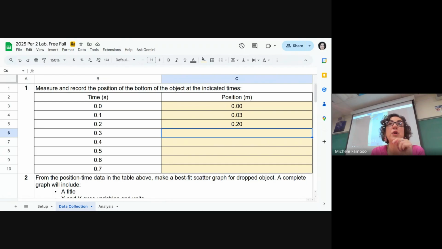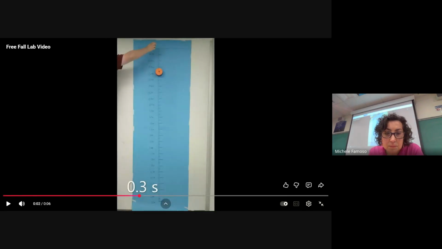Halfway between 0.4 and 0.5, which is 0.45. All right, so let's go ahead and put that in, 0.45. Okay, I'm going to go back to the video, and now I've got to get to 0.4 seconds. Oh, I hit the wrong arrow.